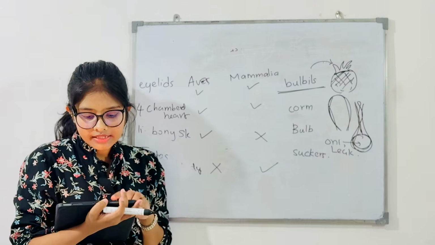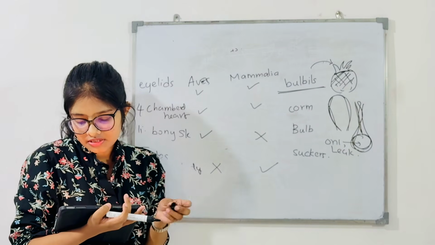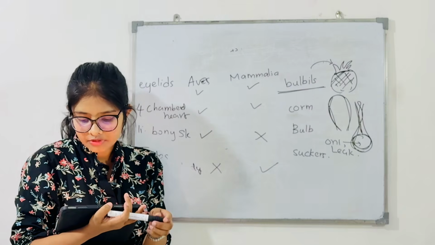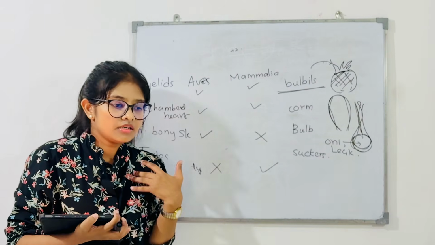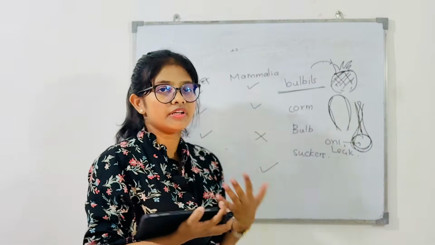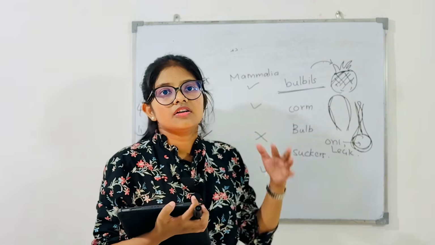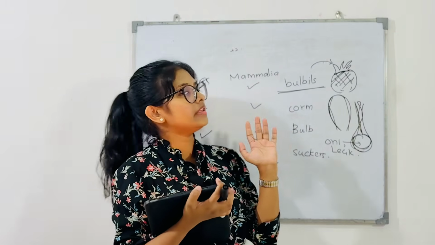15th one, the ability to respond to stimuli received from internal and external environment is called. Stimulus means the things that make you react to them. Like when you hear someone clapping, you look at that, right?